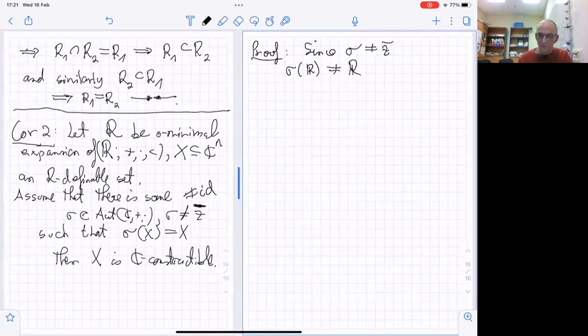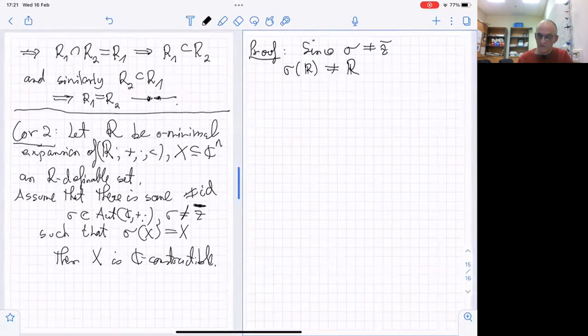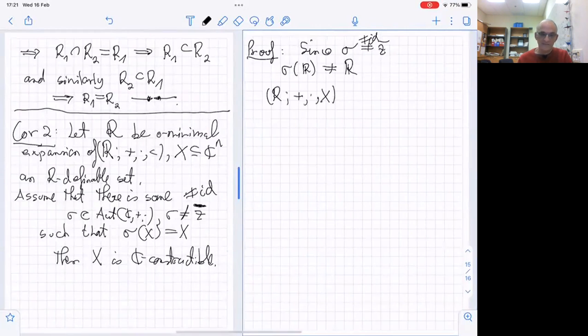And then let's see what it does to X. So sigma is an automorphism, and everything is definable, so it will send this to sigma of the reals.